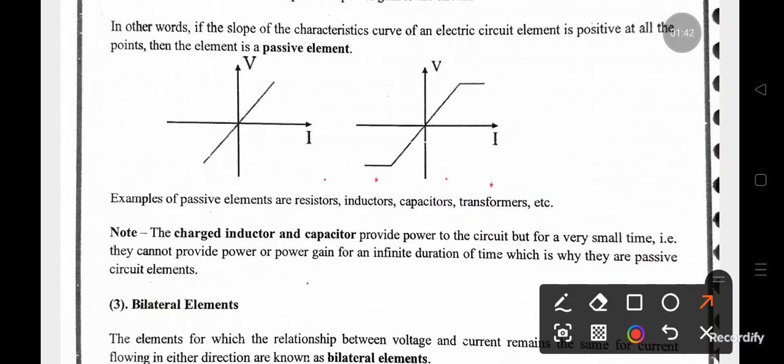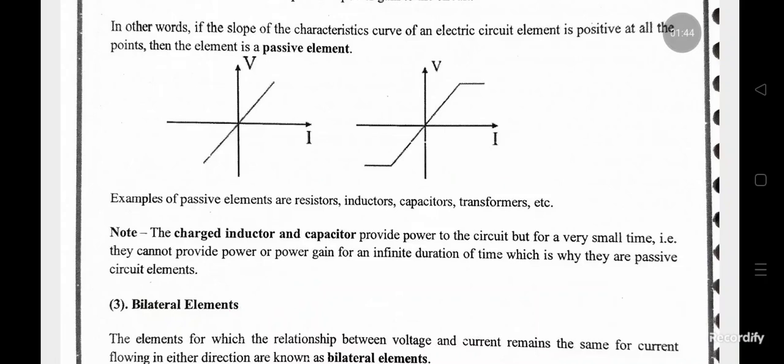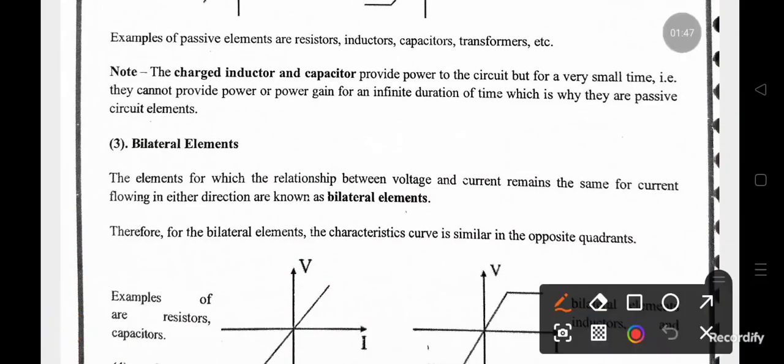Third one, bilateral elements. The elements for which the relationship between voltage and current remains the same for current flowing in either direction are known as bilateral elements. We can show it like this.